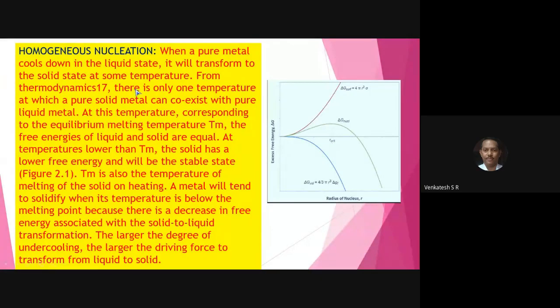When a pure metal cools down in the liquid state, it will transform to the solid state at some temperature. There is only one temperature at which a pure solid metal can coexist with pure liquid metal.